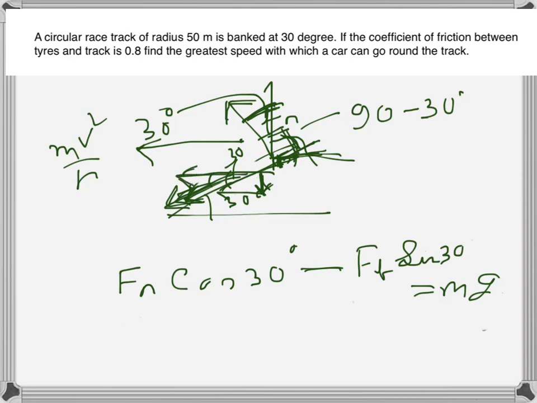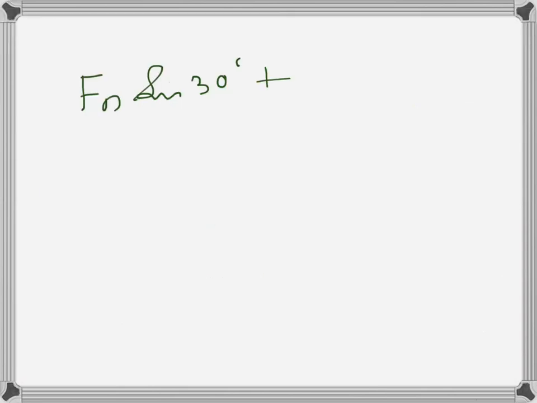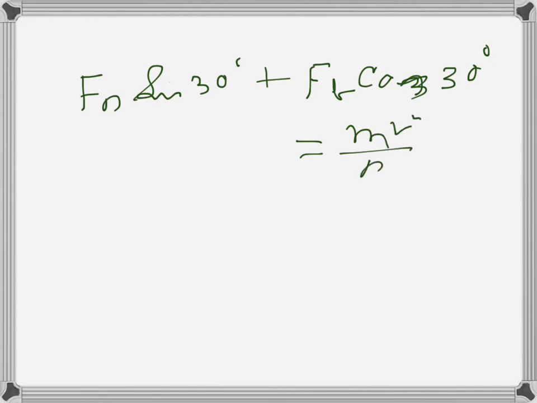These two will make up the centripetal force, the horizontal forces. The horizontal component of the frictional force will be Ff cos theta, with theta being 30 degrees, because it makes 30 degrees with the horizontal plane. That will be equal to mv squared over r.